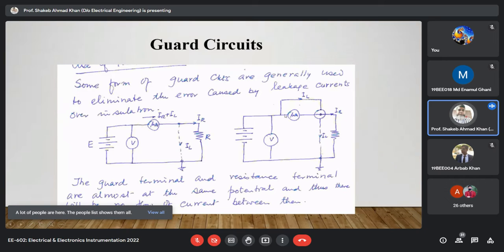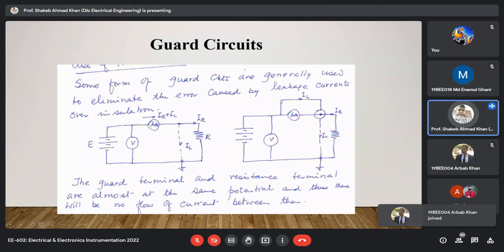So your conduction current will flow through the main terminal and through the ammeter, and your leakage current will get bypassed through the guard circuit to the ground. Obviously it is not a dedicated circuit, but a guard circuit arrangement. For different kinds of insulation systems, different arrangements are made. I'll show you that, don't worry.